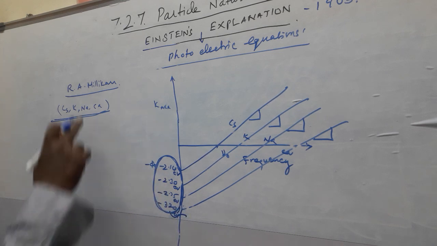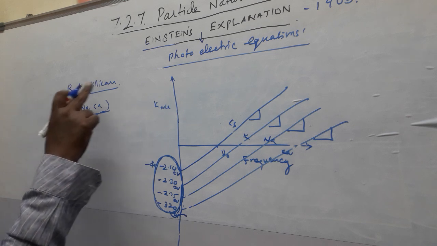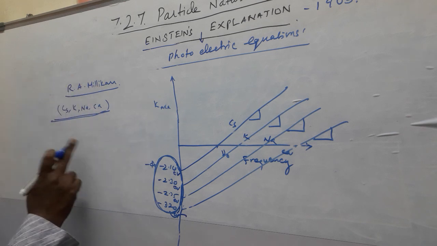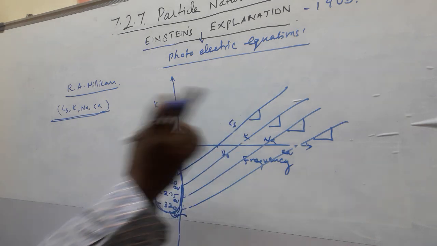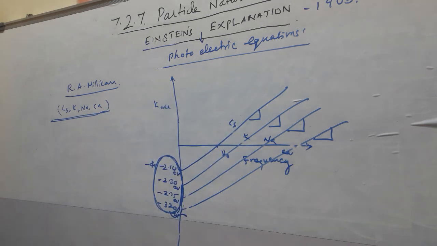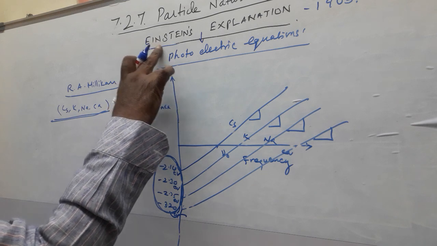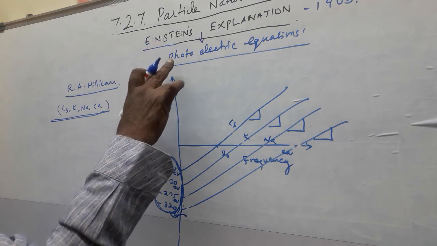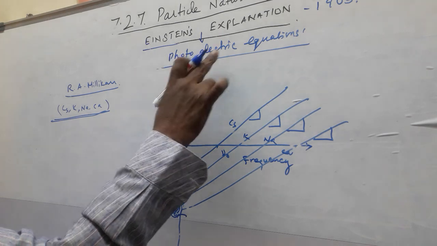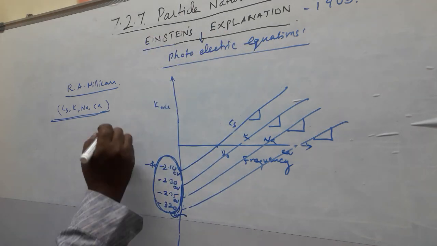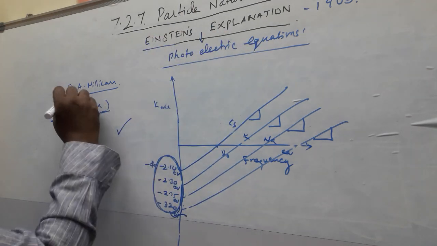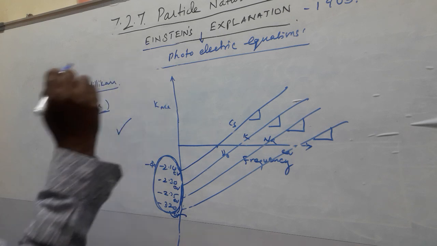This R.A. Millikan experiment proves that there is no change in the slope. So the expression we derived for the photoelectric equation according to Einstein's principle is absolutely accepted by the proof of R.A. Millikan.